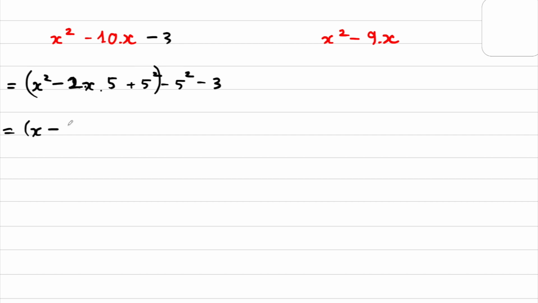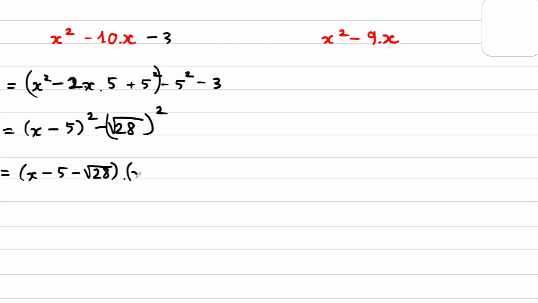You get (x minus 5) squared here and the outside will be 28. Of course, that is a non-square number. So (x minus 5), I will set up here under the square root and squared here, minus square root 28.